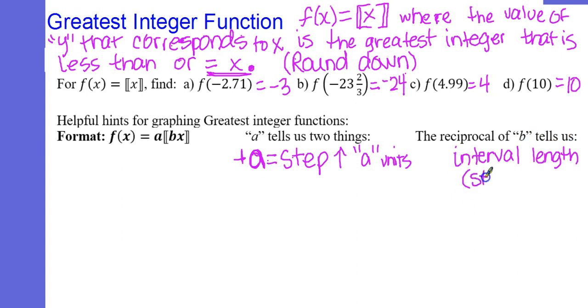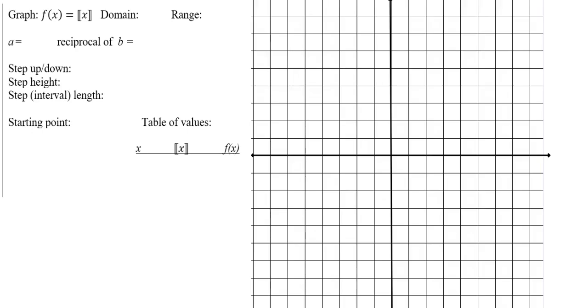In other words, how wide the step length is. So the a tells us how high the steps are, or how far apart the steps are, and the reciprocal of b tells us how wide the steps are. So they're really important numbers. Otherwise, this is a really tedious process.